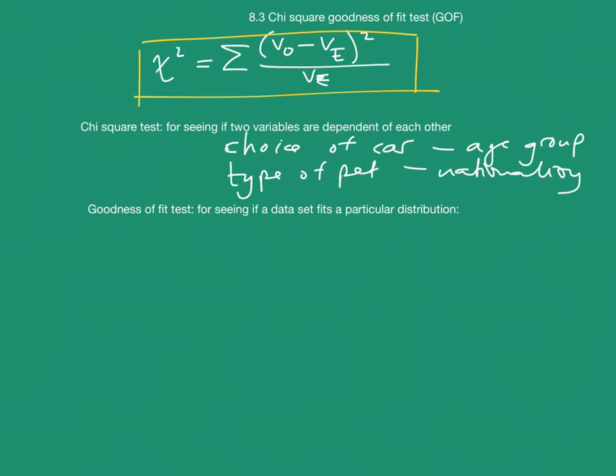Now, what is the goodness of fit test for? It's for seeing if a dataset fits a particular distribution. So examples here could be IQ scores among students in a school.